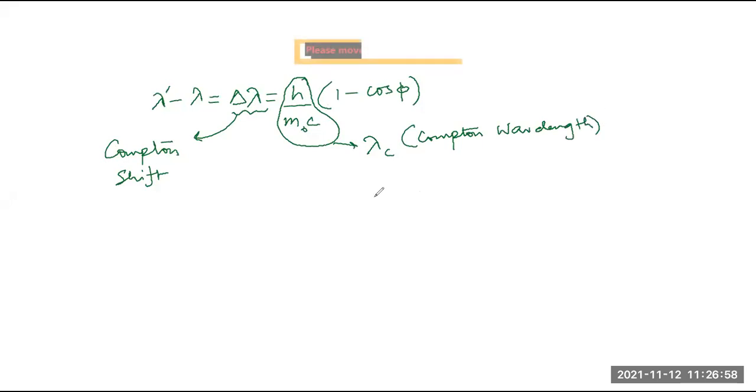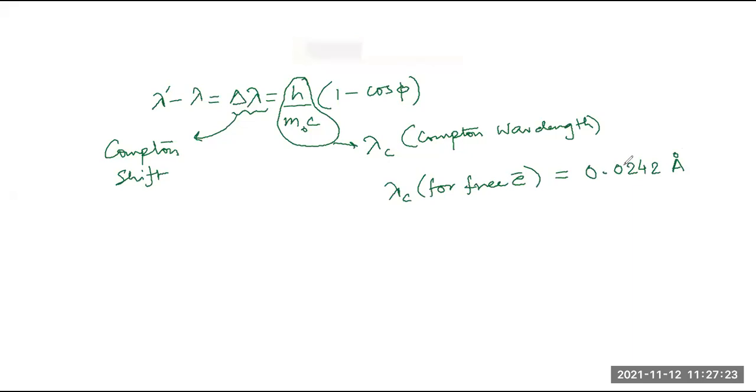And we had calculated the Compton wavelength for a free electron. So lambda C for a free electron is 0.0242 angstrom. You remember that? Yes, sir.